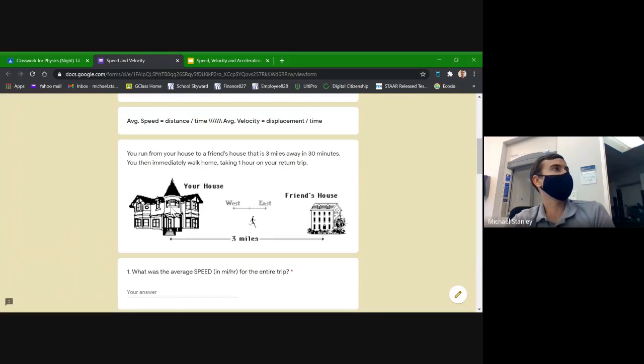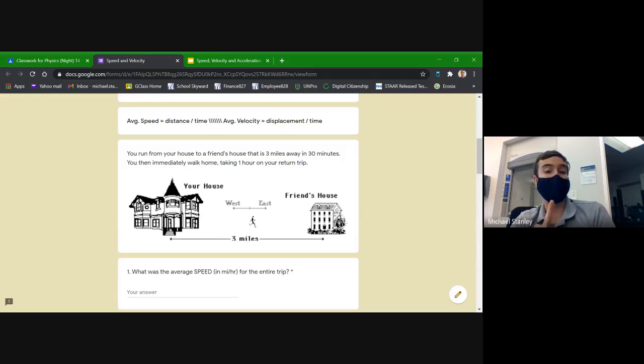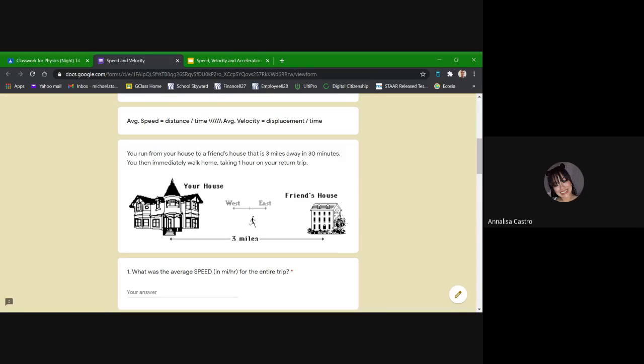So if it's 3 miles from your house to a friend's house, and you walk there and back, what is the total distance that you have covered in this trip? 0. Close, but remember, distance is just how much ground that you covered. Okay, so that would be the 3.